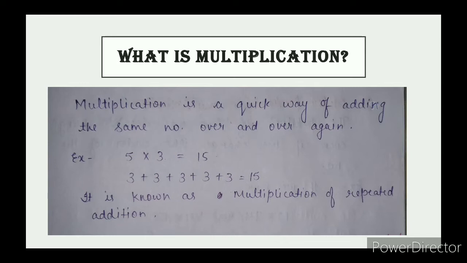Or you can do it in a quick way as 5 multiply 3 is equal to 15. So multiplication we will use for saving our time. So here you can see the multiplication of addition is also known as multiplication by repeated addition.